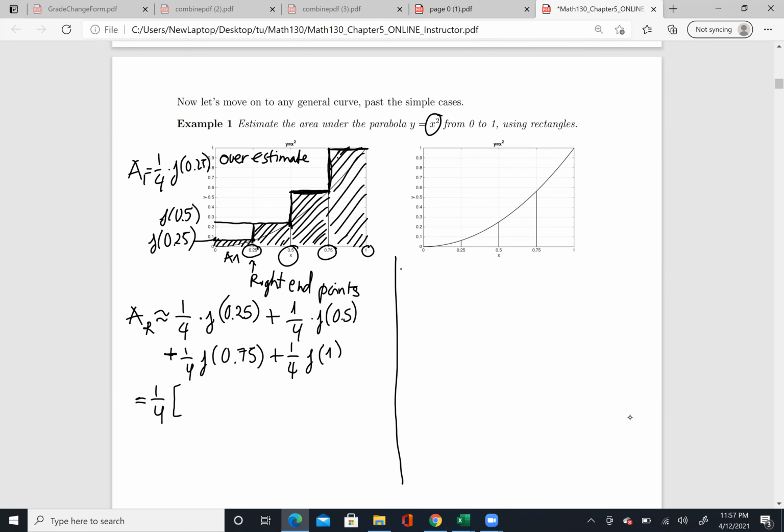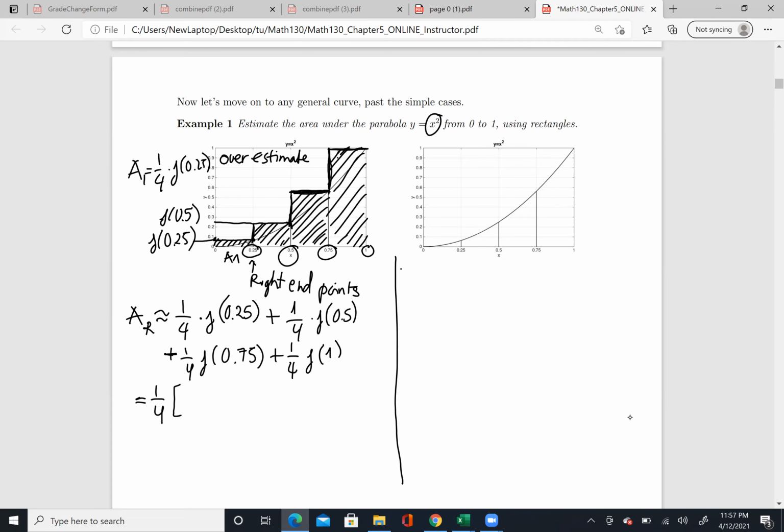So the midpoint sum is equal to square root of 1.5 plus square root of 2.5 plus square root of 3.5, because 1 times anything is just itself, so we don't need the 1 anymore.